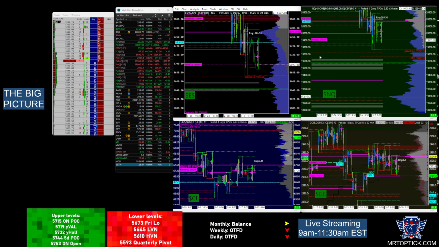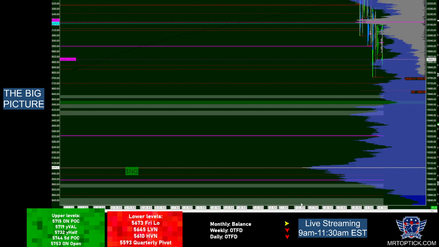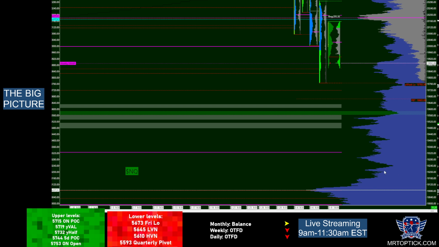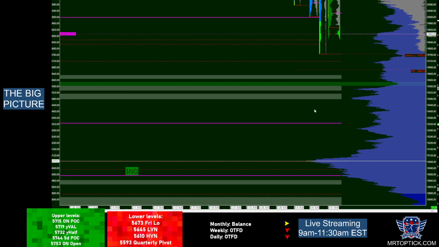All right, so for NQ, I keep mentioning this area, and the first time I mentioned it, it was very far away, and I didn't think we were gonna get there. But now it's getting a little more likely that we test this 365 point of control. It's at 19,800, a little bit above that, and then we have 3 sets of single prints here in the 19,600 area.